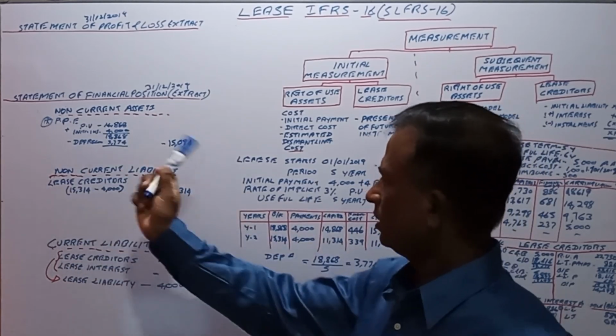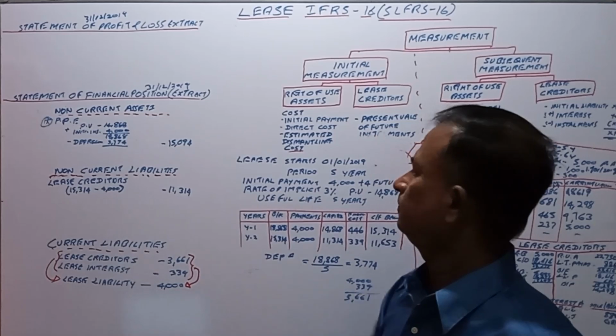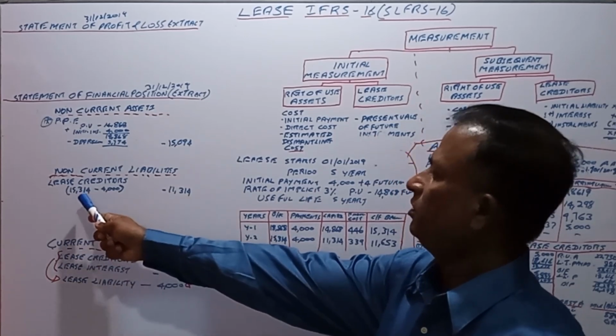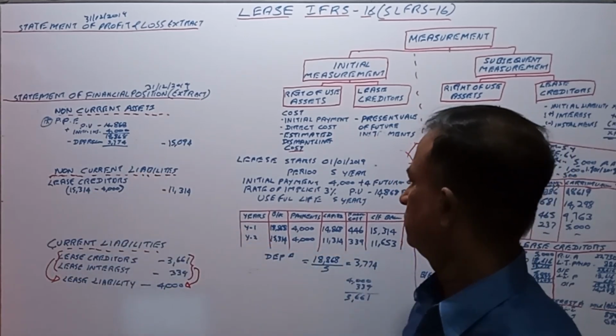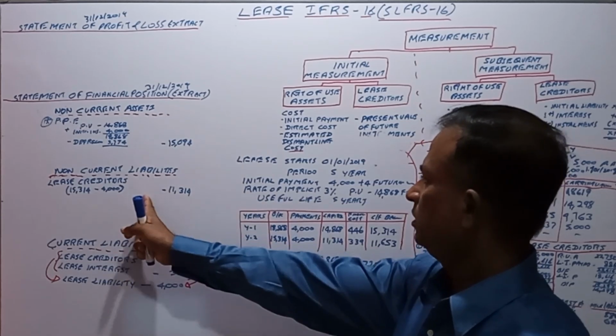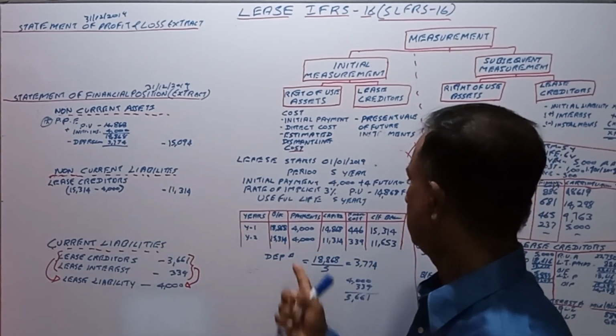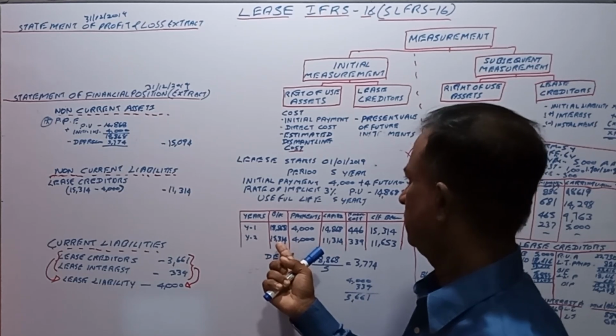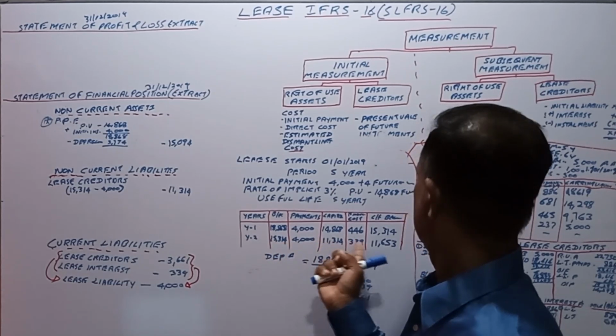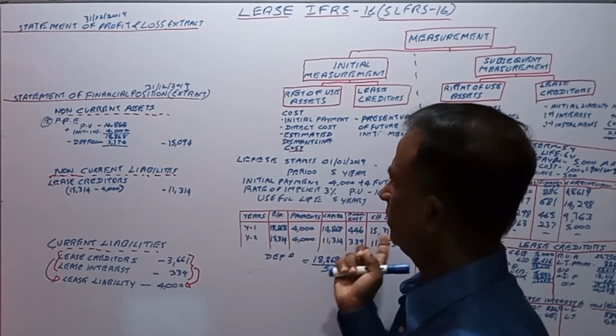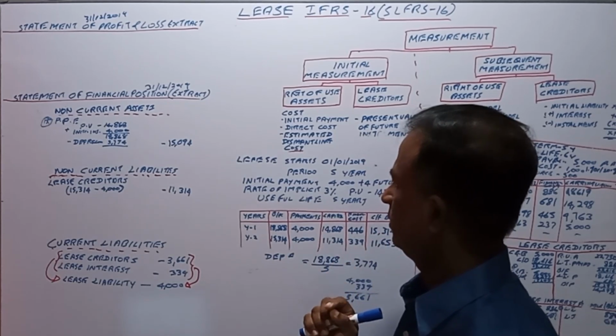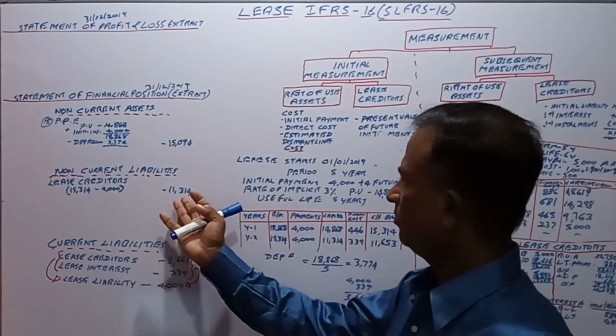Under the non-current liabilities, lease creditors: 15,314 minus 4,000, that is 11,314 is the long term liability, right?